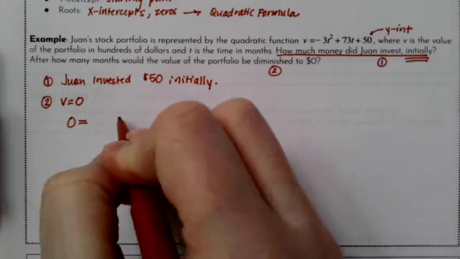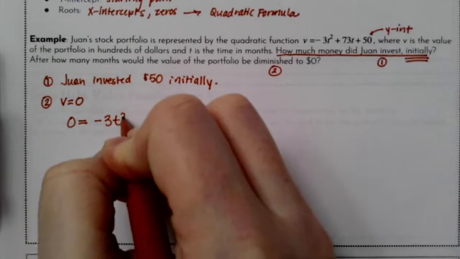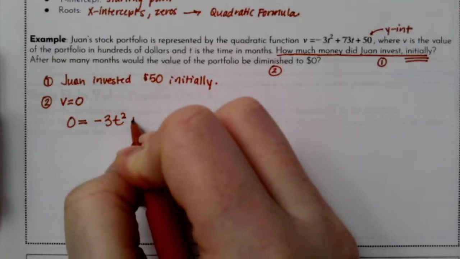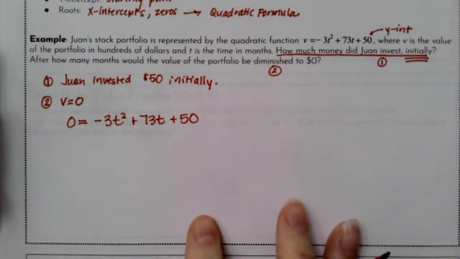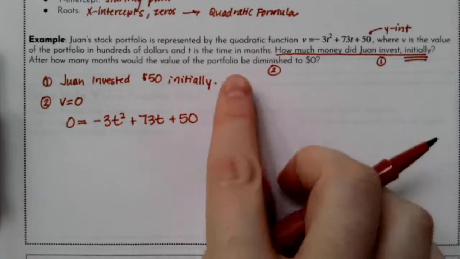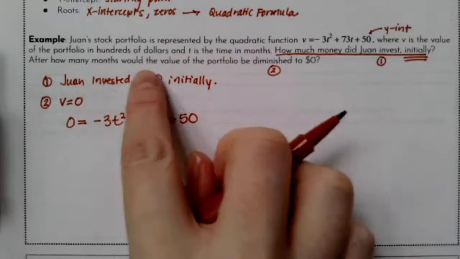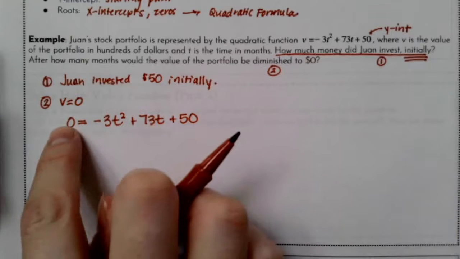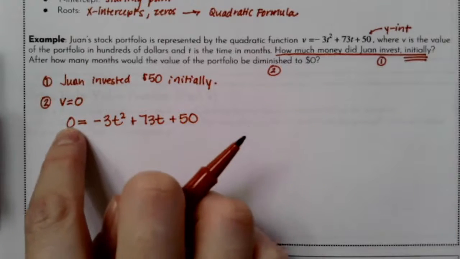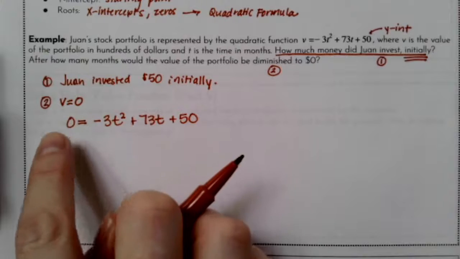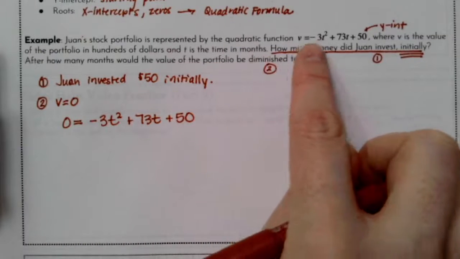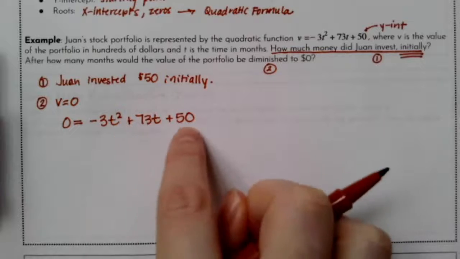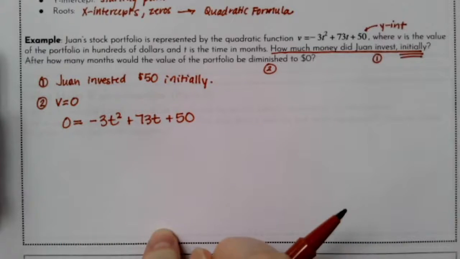So I have 0 equals negative 3t squared plus 73t plus 50. This one is asking for the x-intercept. It's asking for when this value is 0. So we're going to use the quadratic formula to solve. In this case, it worded it as, when will this be 0? So you set your function equal to 0 and then you solve.